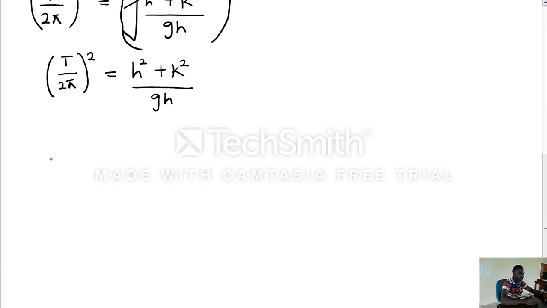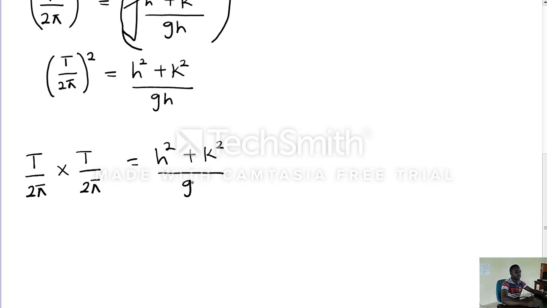I'm going to simplify further the left hand side, of which we say a square of either a constant or an algebra or an expression simply means that term multiplying itself twice. So this can be simplified to be t divided by 2 pi times t divided by 2 pi is equal to h squared plus k squared divided by gh.